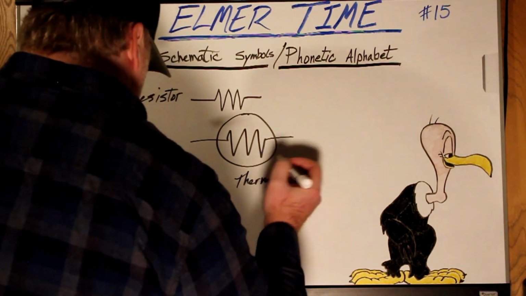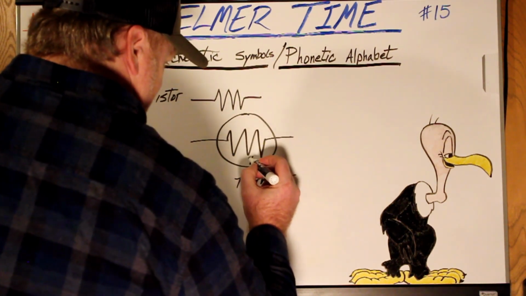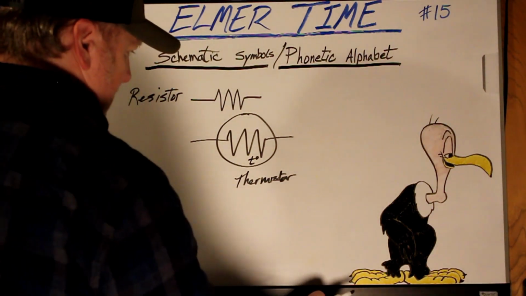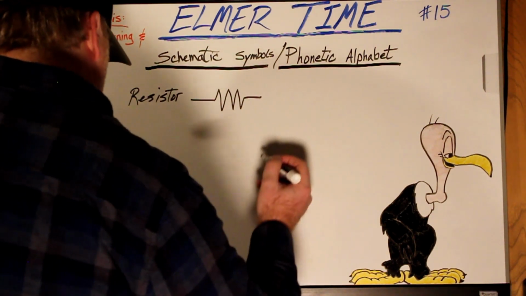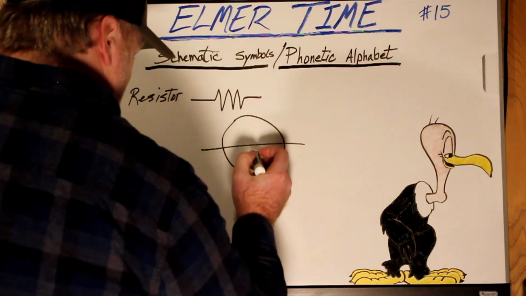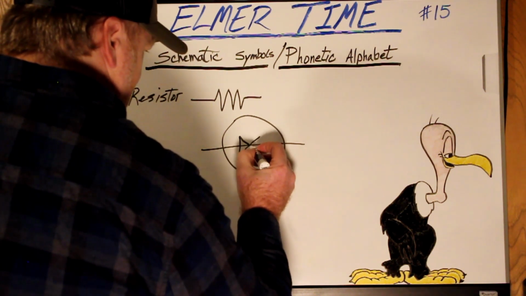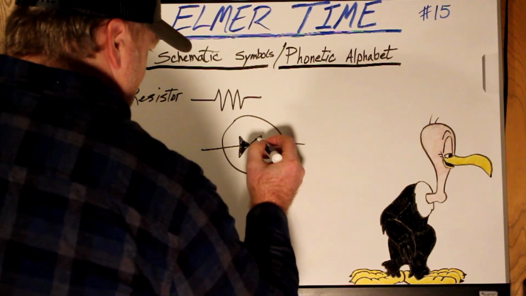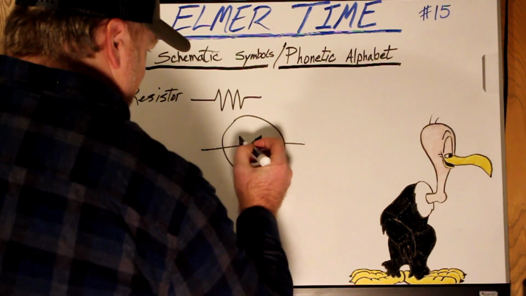It's going to have a T in it, sometimes a degree sign as well. That would be a thermistor. There's a real strange one that doesn't come up very often in the hobby style kits or what have you.